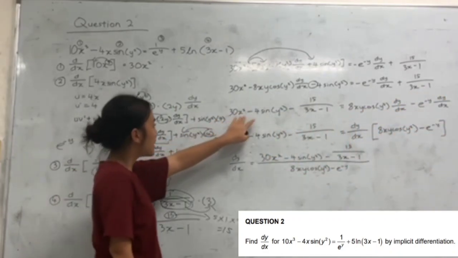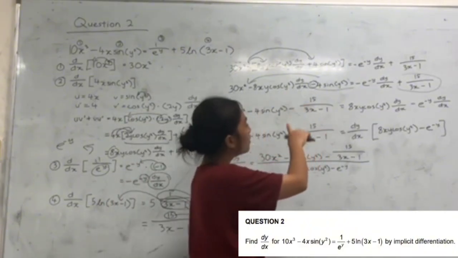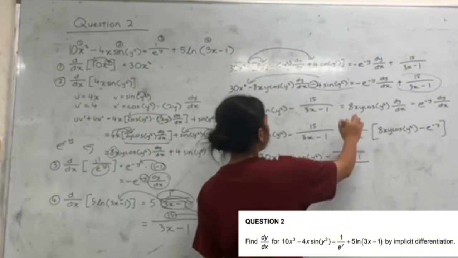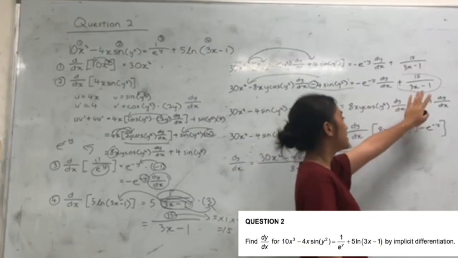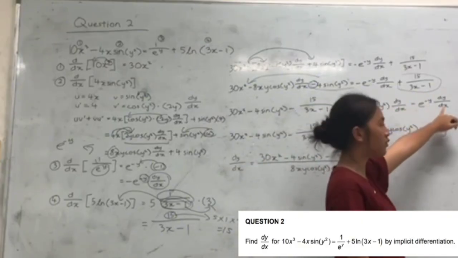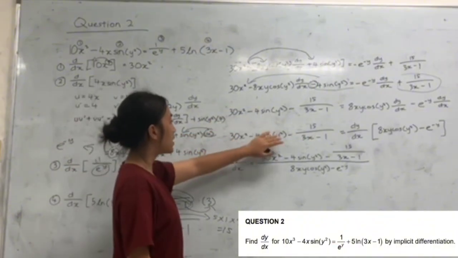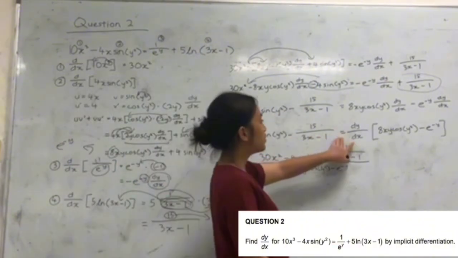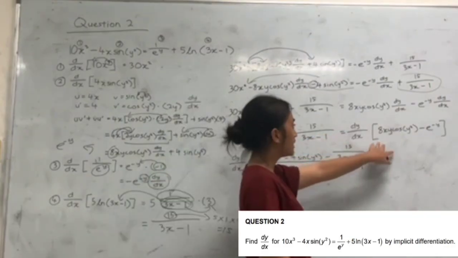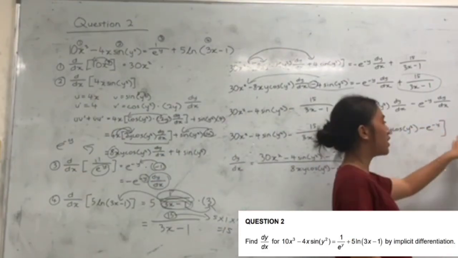Next, 30x squared minus 4 sin y squared minus 15 over 3x minus 1 equal to 8xy cos y squared dy dx minus exponent power of negative y dy dx. Next, 30x squared minus 4 sin y squared minus 15 over 3x minus 1 equal to dy over dx bracket 8xy cos y squared minus exponent power of negative y.